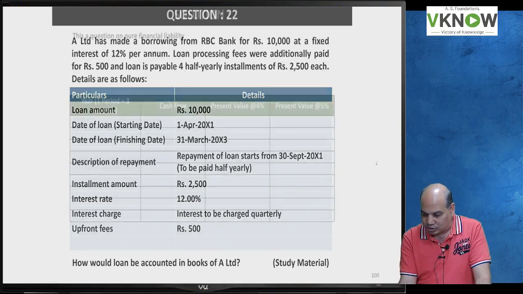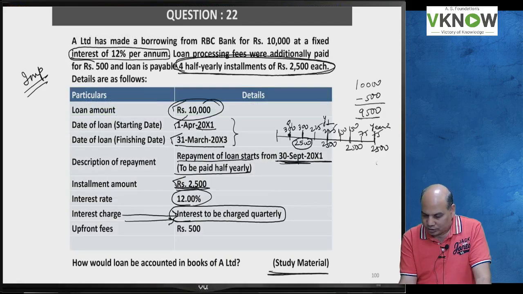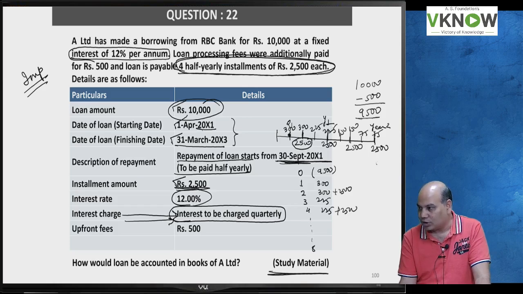So basically your cash flow would be, in year 0 you will get 9,500. First quarter 300 cash flow. Second quarter 300 plus 2,500. Third quarter 225. Fourth quarter 225 plus 2,500. And this way up to 8 quarters you have to write cash flow.